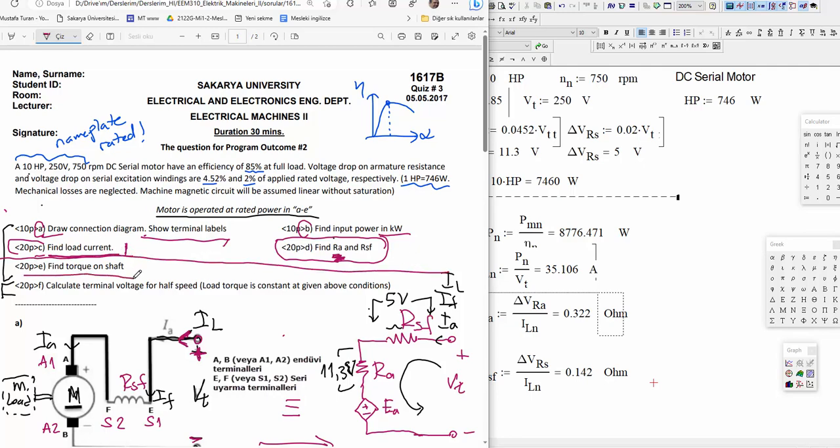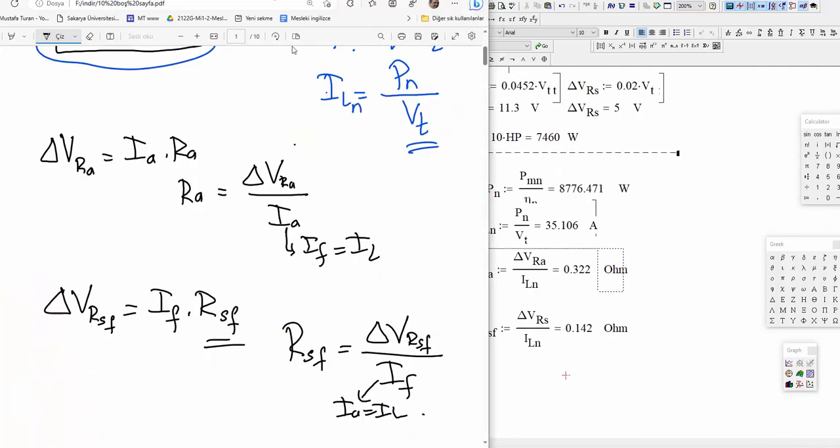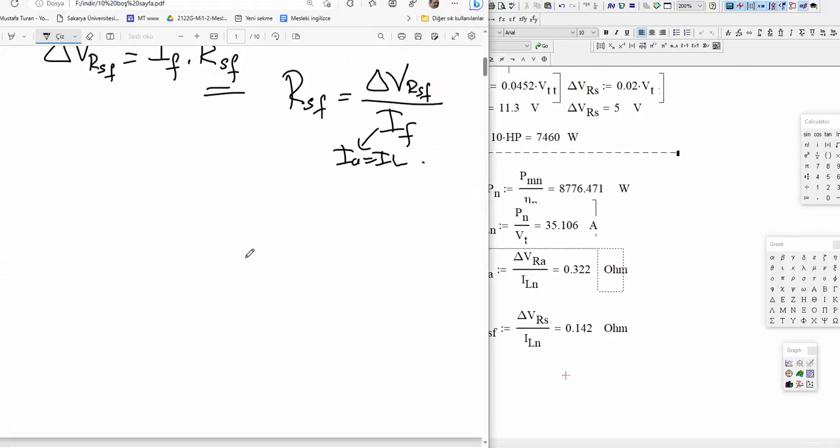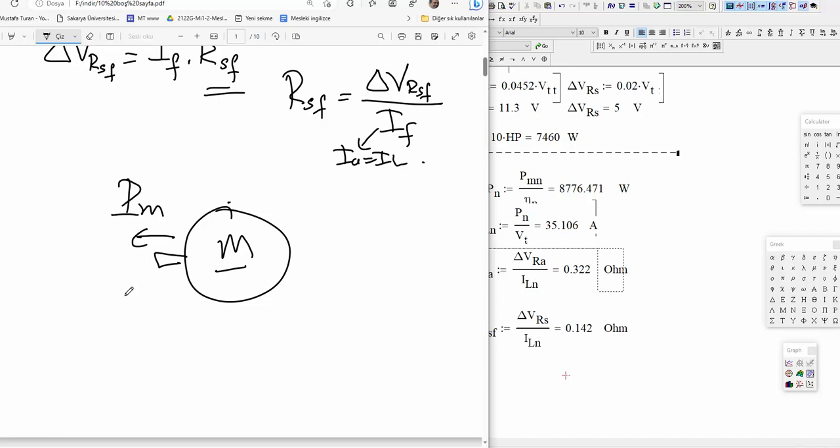Find out the torque on the shaft for the rated conditions. Okay, torque is a mechanical parameter. Here is the motor, here is the shaft supplying some mechanical output in terms of torque and angular speed. So torque is equal to mechanical output over angular speed of the shaft.